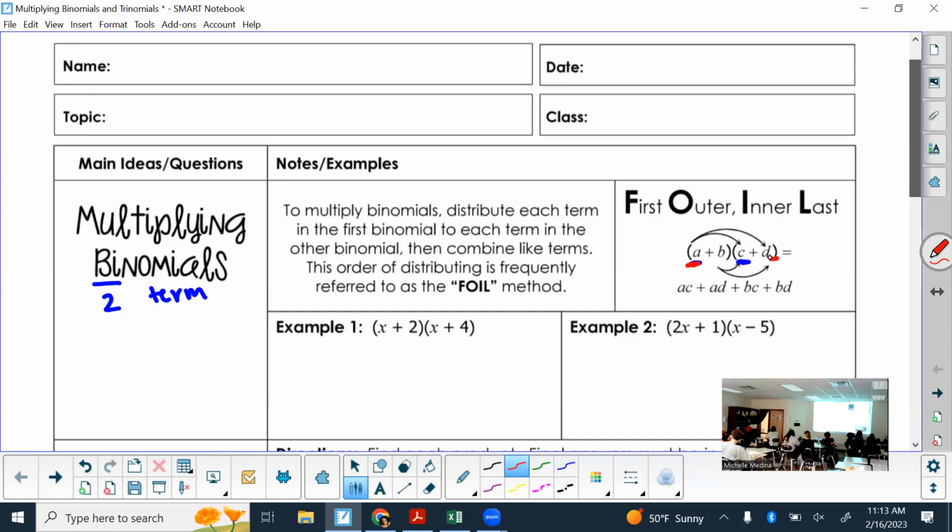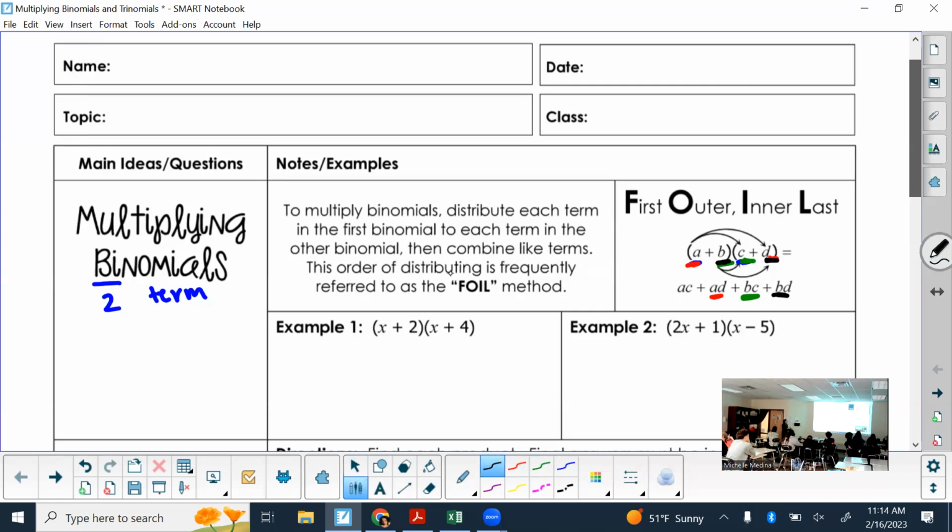So like A times B, we get AB. The inner 2 numbers, B times C, we get BC. And the last 2 numbers, B times B, we get BB. And you do that, combine any like terms if you can, and then that's one way of multiplying it.